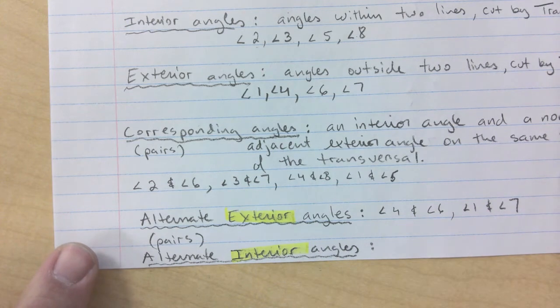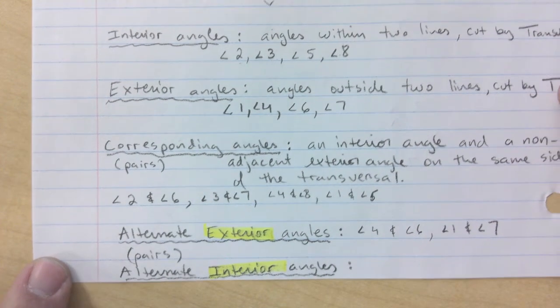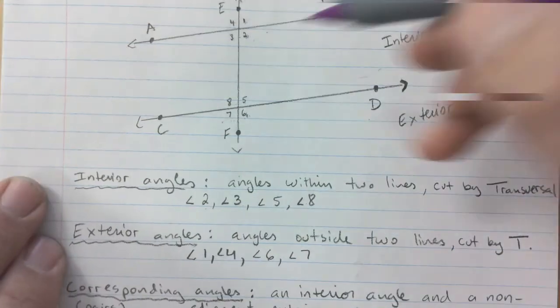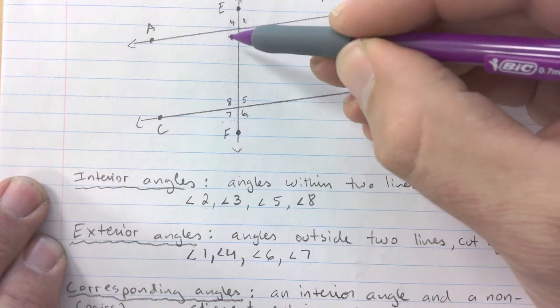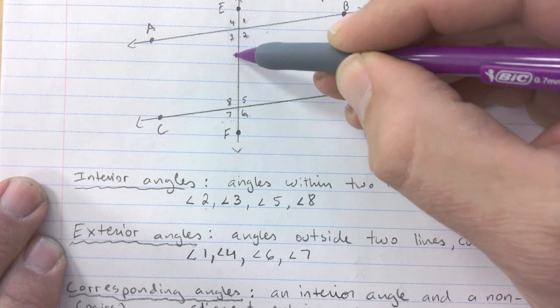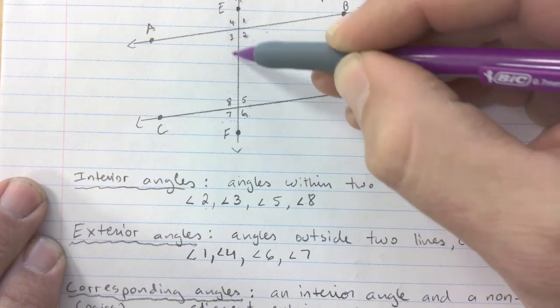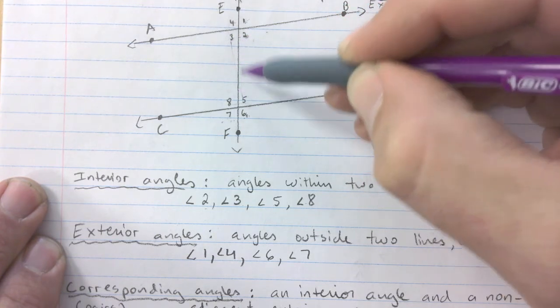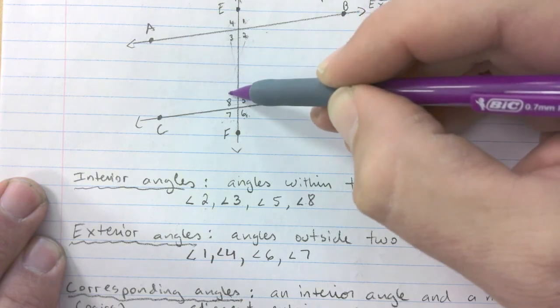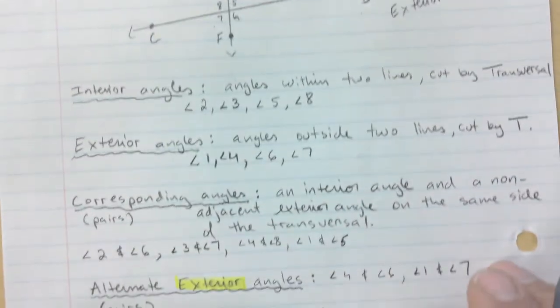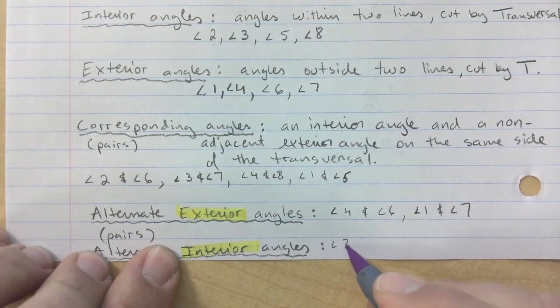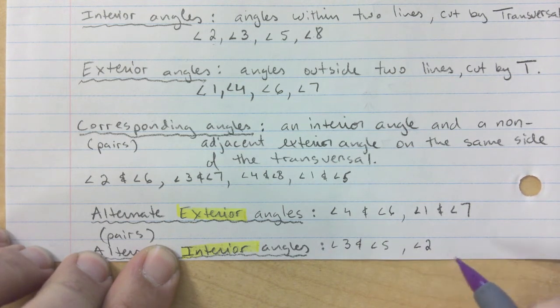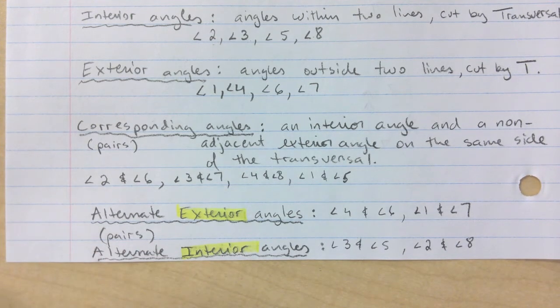Okay, so in this case, if this is an interior, then alternate interior to it would be 5. So 3 and 5, 2 and 8. And these are also pairs.